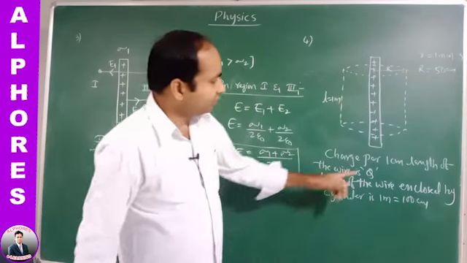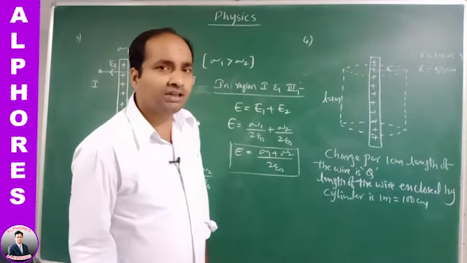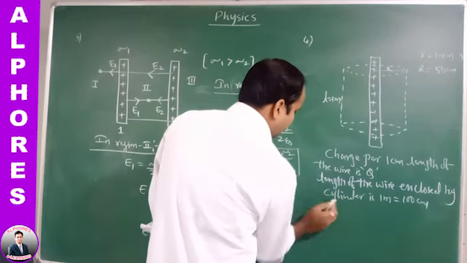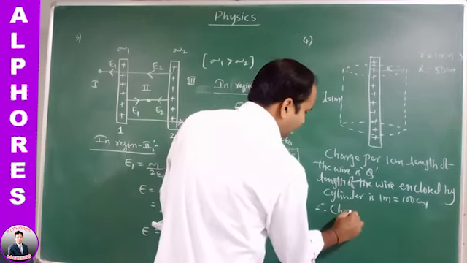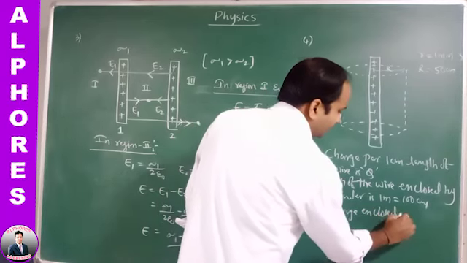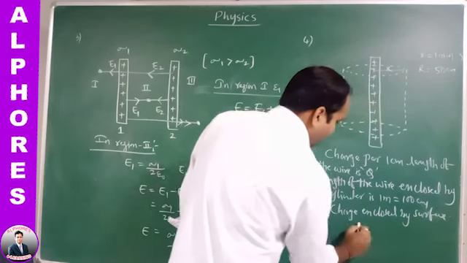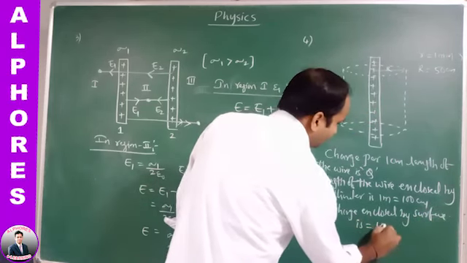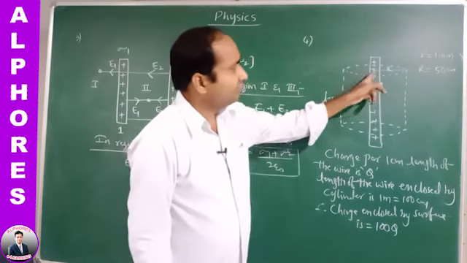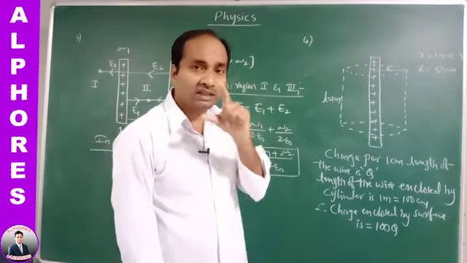Per 1 centimeter length the charge is Q. For 100 centimeters, what is the charge enclosed? 100 Q. So the charge enclosed by the surface is 100 Q. For 1 centimeter it is Q. Why are we taking only 1 meter?